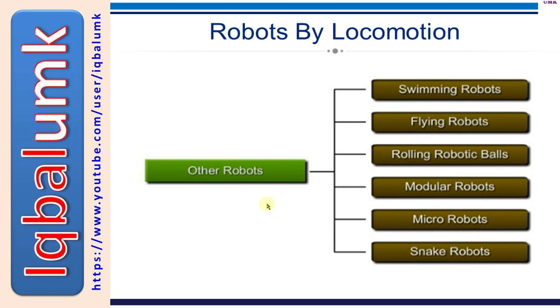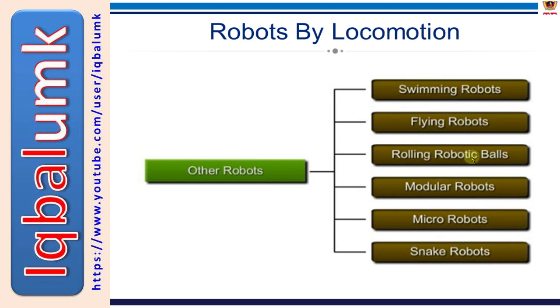Kemudian robot-robot lain yang dikategorikan berdasarkan locomotion ini adalah robot berenang, ini meniru ikan. Kemudian flying robot meniru burung, atau model pesawat atau helikopter juga masuk sini. Kemudian ada rolling robotic ball, bentuknya bola, dia rolling, biasanya untuk surveillance atau pengintaian.